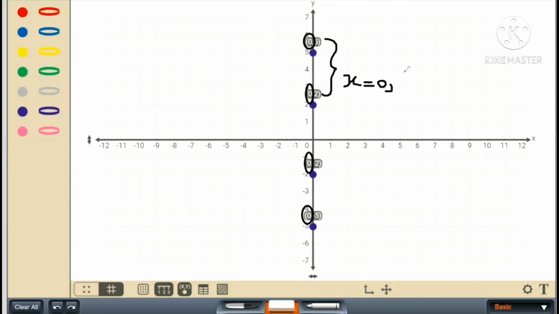Those points lie on the y-axis. So when x is 0, it lies on the y-axis. When y is equal to 0, it lies on the x-axis. Simple. So you should know what the origin is, what the 4 quadrants are, and the points lying on the x-axis as well as the y-axis.